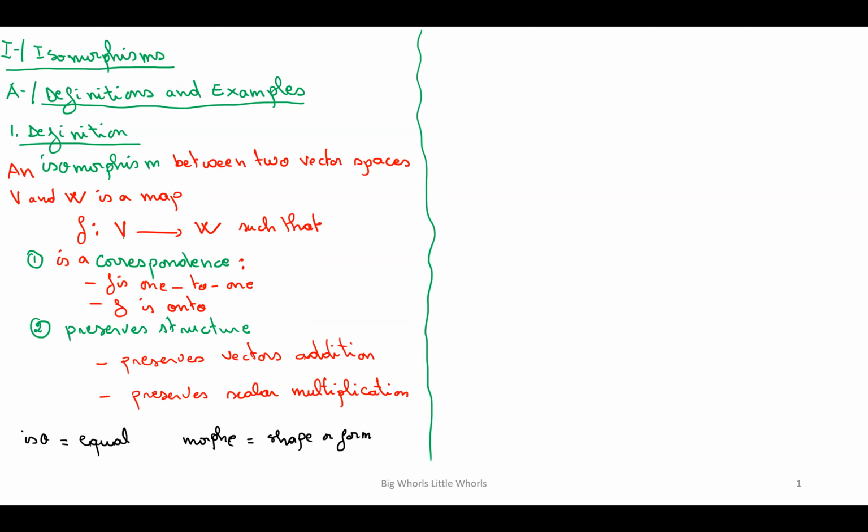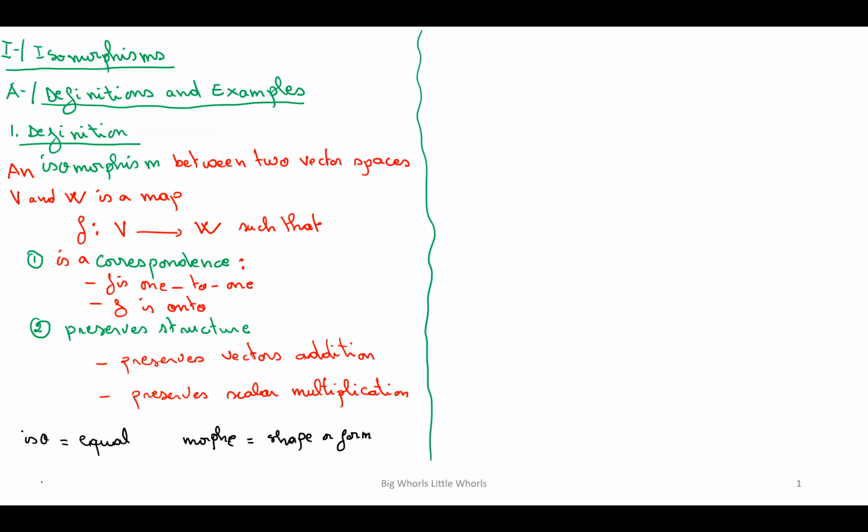So if V is isomorphic to W, they have something equal, the dimension. It's such a beautiful theorem: V is isomorphic to W if they have the same dimension. We will see it shortly.